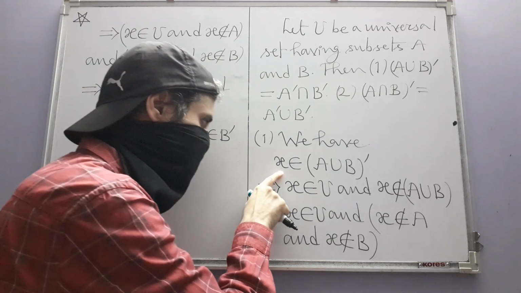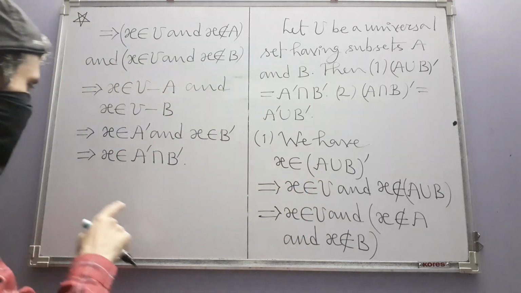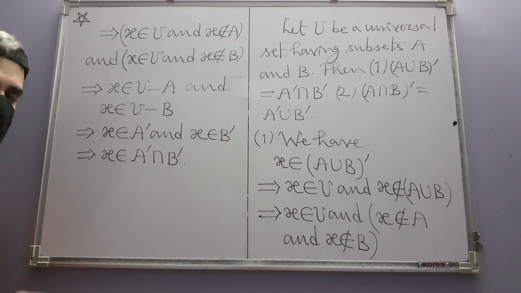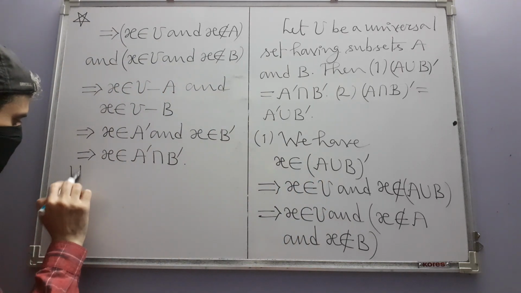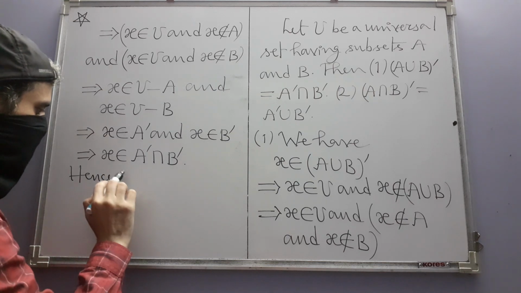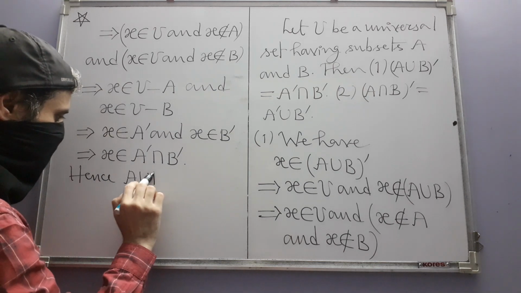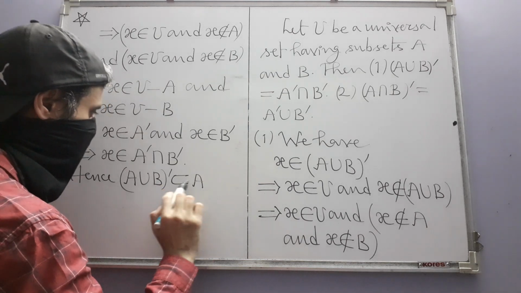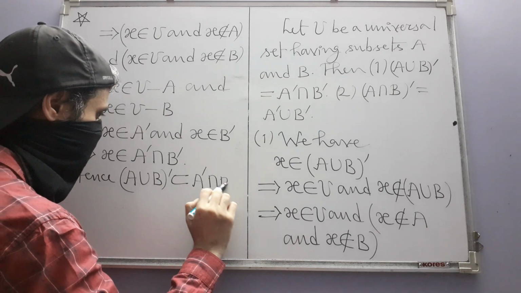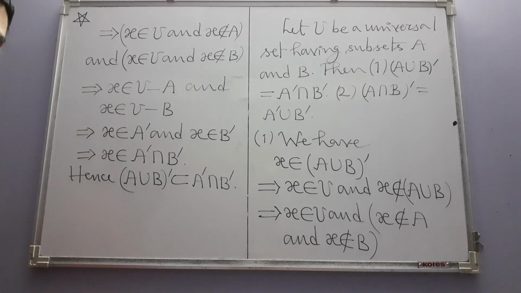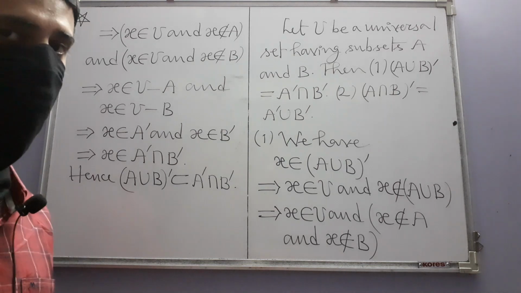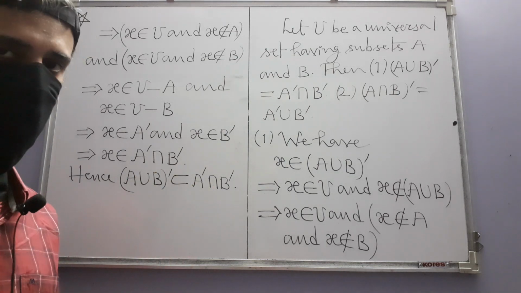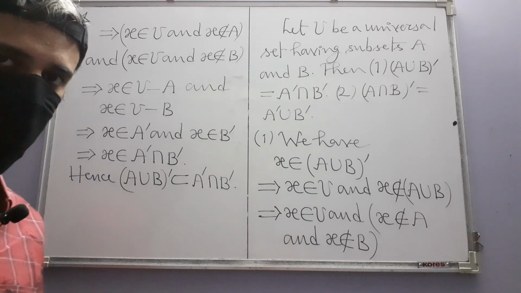So any element X you choose here, after all, has to be an element here. Hence, A union B complement is a subset of A complement intersection B complement. Okay, so we have got one of the containments. Let us now prove the reverse containment.